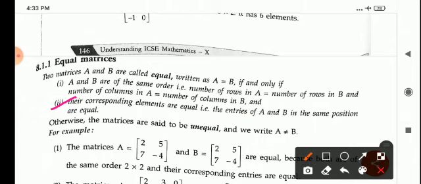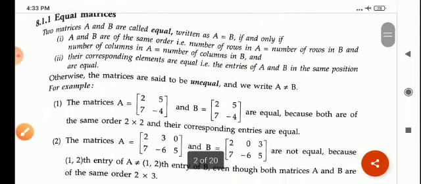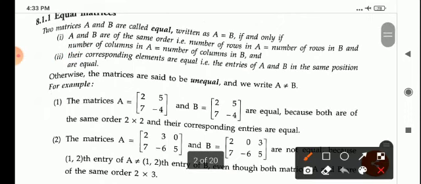And we write the matrices A and B are equal because both are of the same order and their corresponding entries are equal.